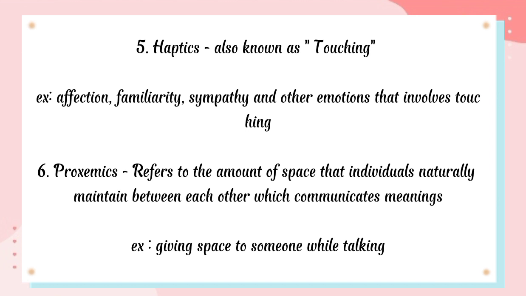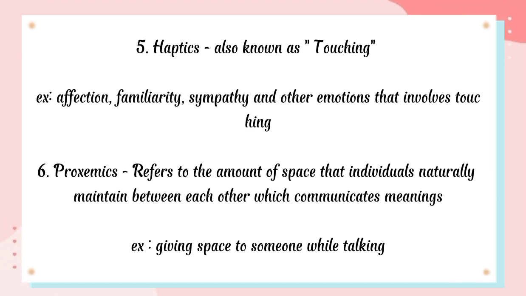Next, we have proxemics. It refers to the amount of space that individuals naturally maintain between each other, which communicates meaning. So, it is communicating with a formal stance because of the distance or space while talking to someone.